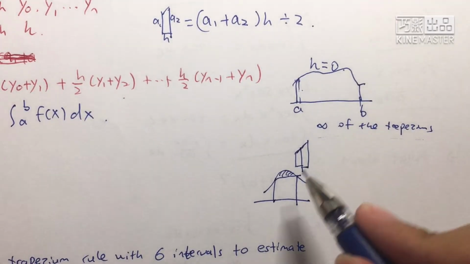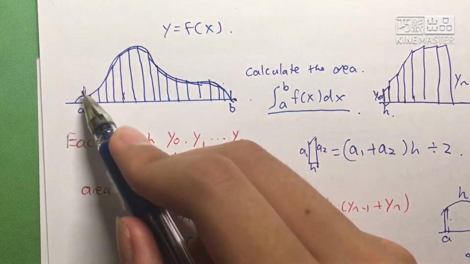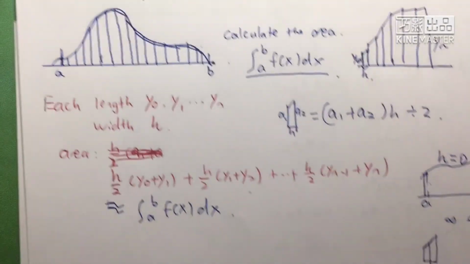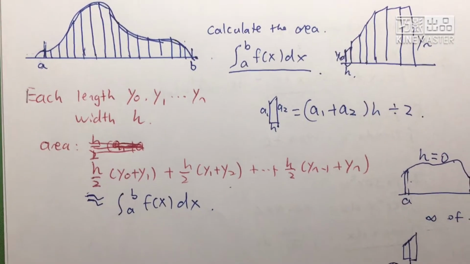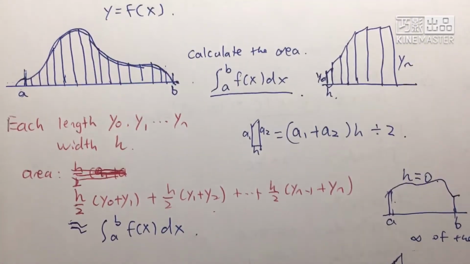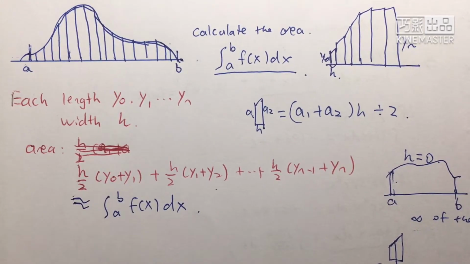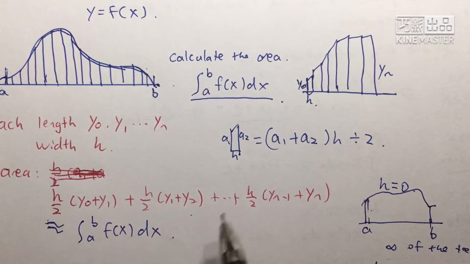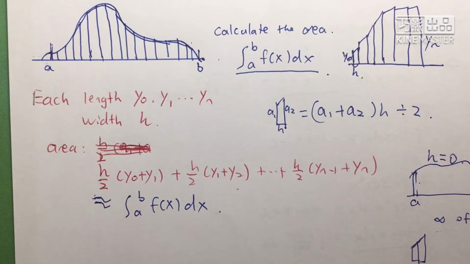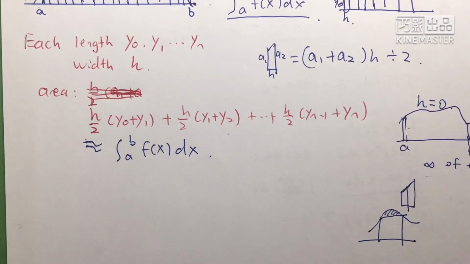But if you divide into smaller pieces, the gaps will be small. Because we don't take a limit here, we can't solve for the exact value, but we can use this way, which we will be asked in the exams.